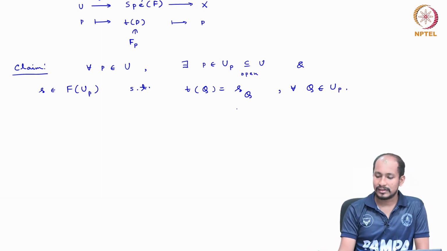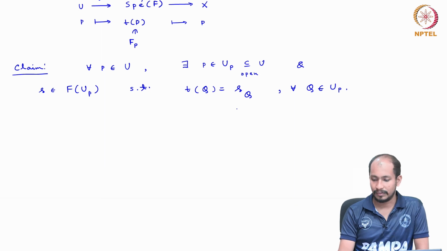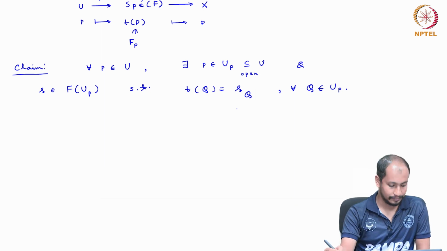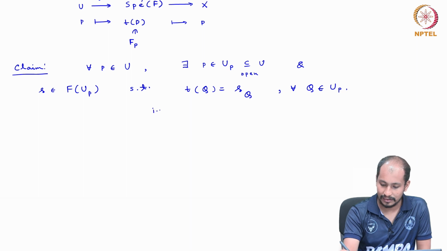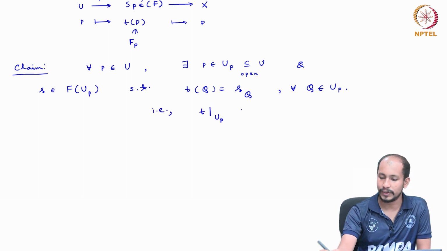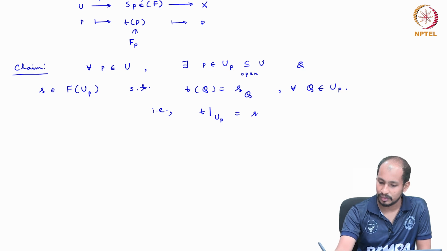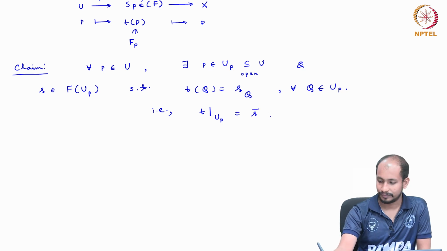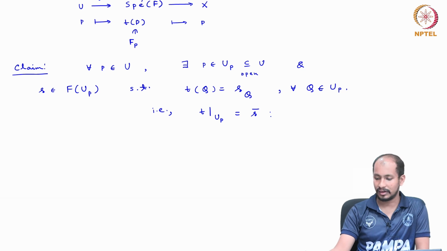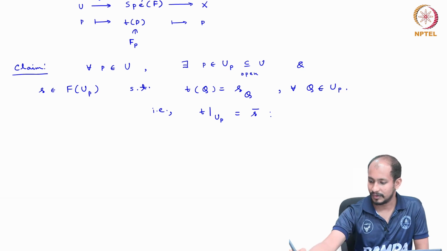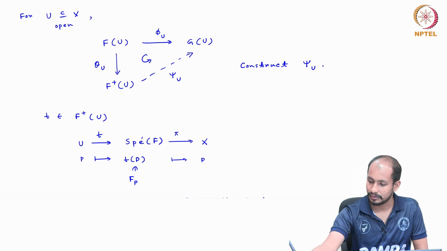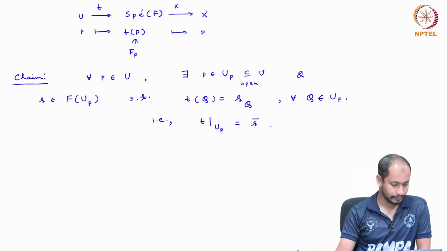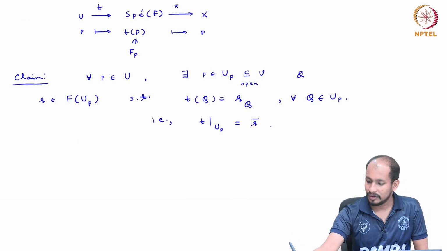This S_Q is nothing but the germ at the point Q. So, this means that T restricted to this UP will be equal to this S bar, whatever notation we have used here. So, this thing follows.